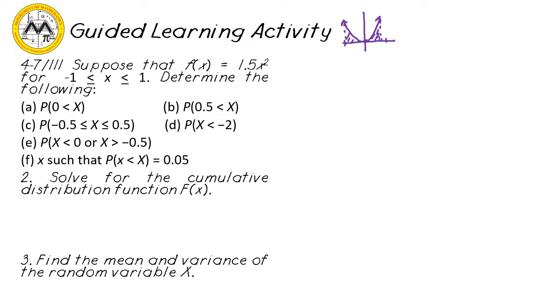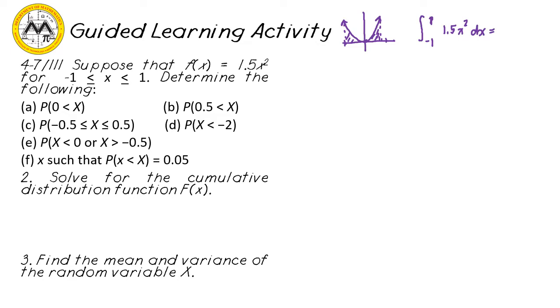So it satisfies the condition for the probability distribution function. And also, we need to check whether the integral from negative 1 to positive 1 of 1.5 x squared dx would be equal to 1.